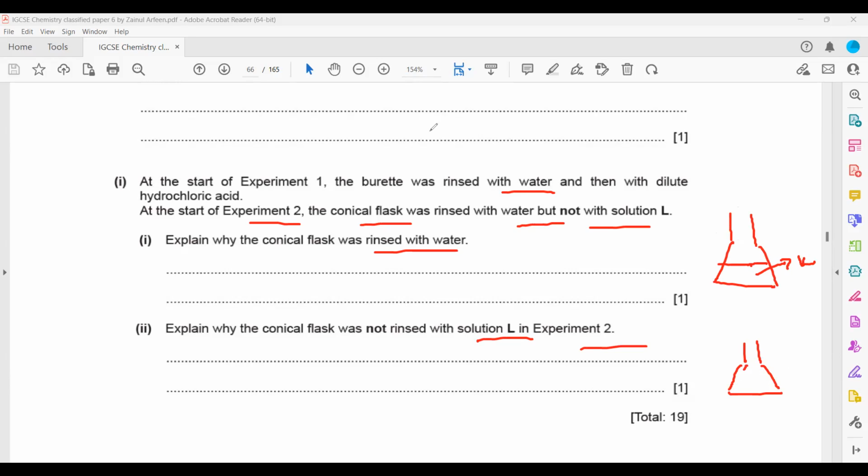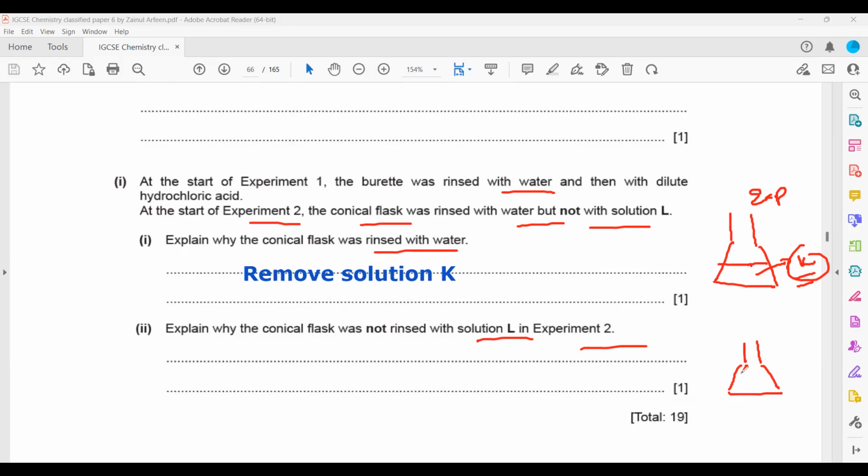Why? That is to remove solution K. That is the main reason, or any impurity, because in experiment 1 it was filled with K. Then in experiment 2, we have to fill with L, but before filling it with L, we rinse with water to remove K, any substance K left in the flask.